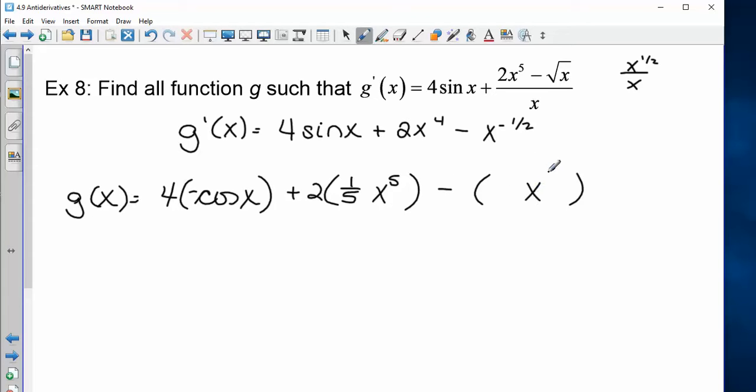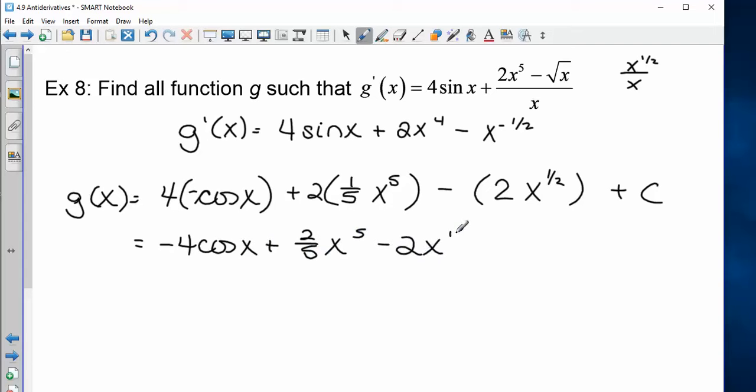If I add 1 to my power, that's a 1/2. So what goes in front? 2. And then we have to have our plus c. So do go ahead and clean it up. That's negative 4 cosine x plus 2/5 x to the 5th minus 2x to the 1/2 plus c.